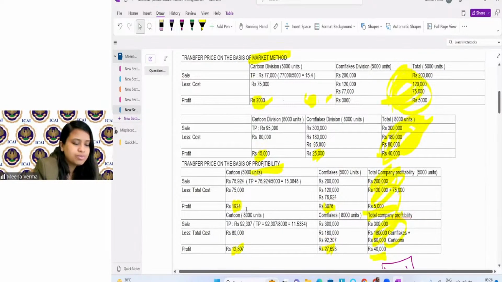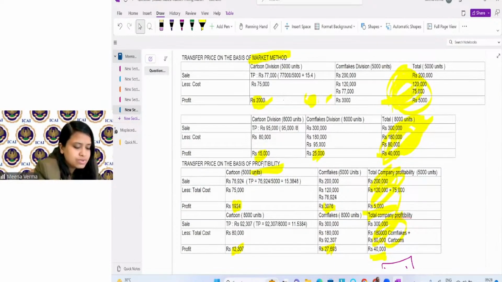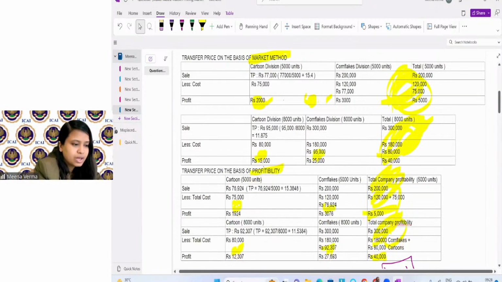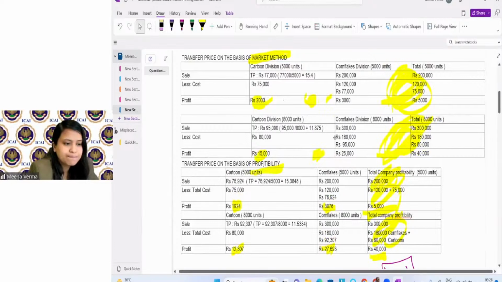Right, this is the transfer price. And in the market-based method, 95,000 divided by how much? 8,000 units. This is coming as this, right? So you can see how simple it is. Very easy.